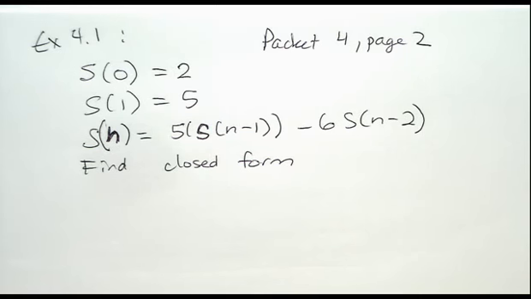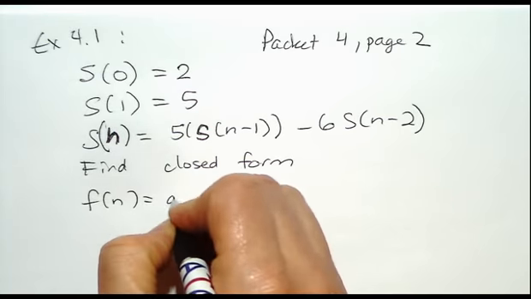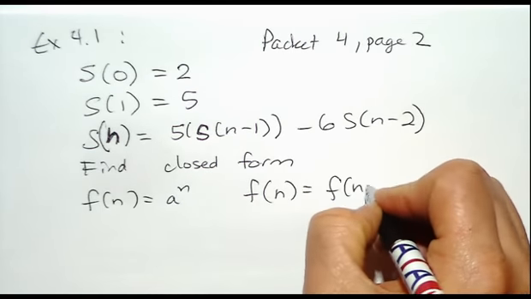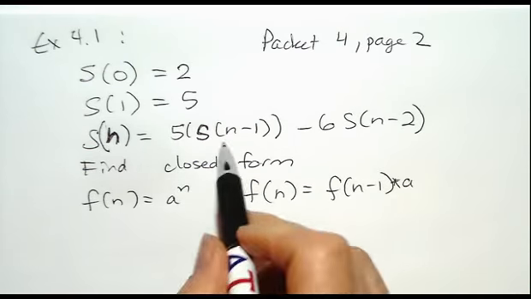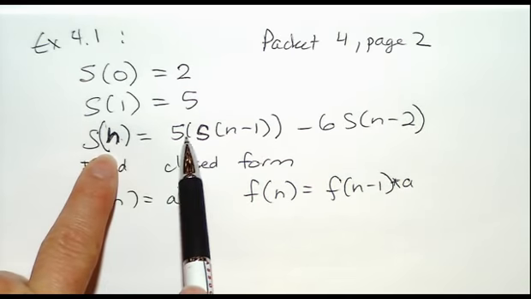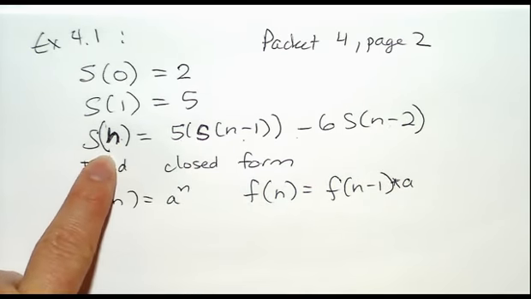So we're going to guess, and the reason why we're going to guess is we just had this formula that f of n equals a to the n, and the recursive formula was equal to f of n minus 1 times a. So what this has in common with this is that the current value is a number times some previous value, minus another number times another previous value.